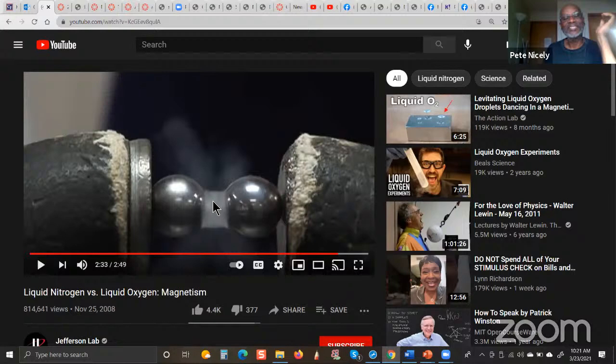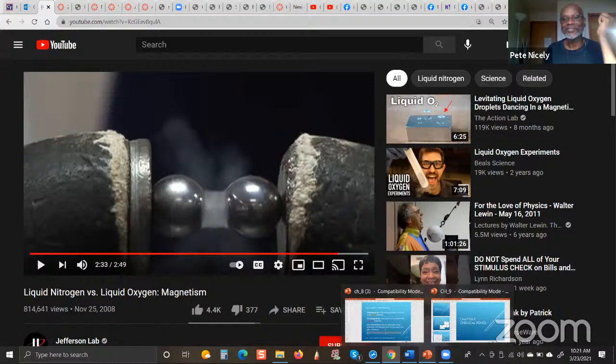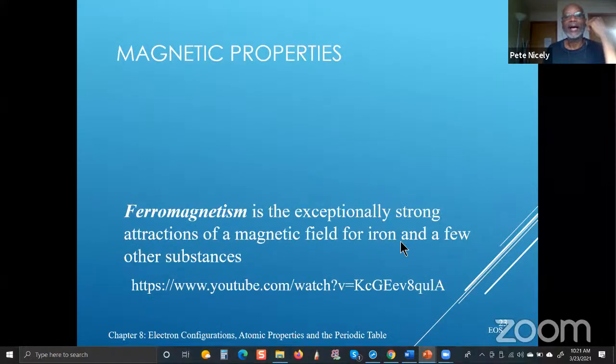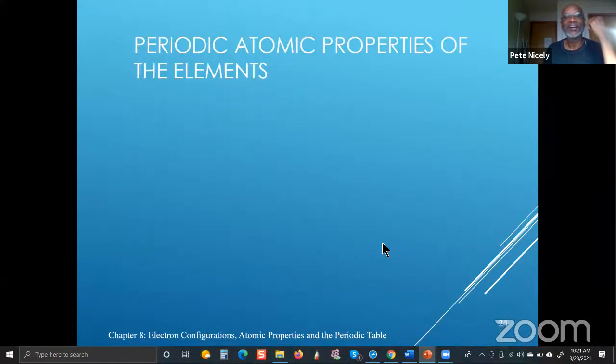In this particular case, oxygen has been determined to be paramagnetic because it's attracted to the field, whereas nitrogen just falls right through, and therefore it is determined not to be paramagnetic, all right? I just thought I should show you that to show you how they determine whether or not a particular substance is paramagnetic. So that's basically all that we have to say as far as paramagnetism is concerned.